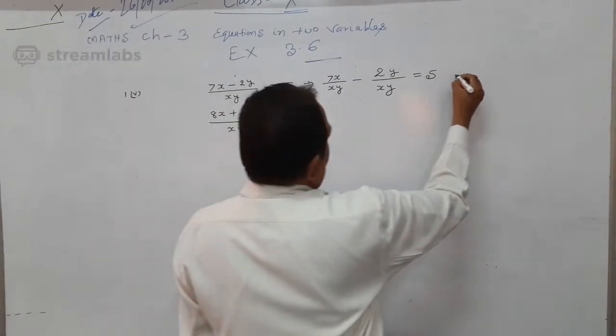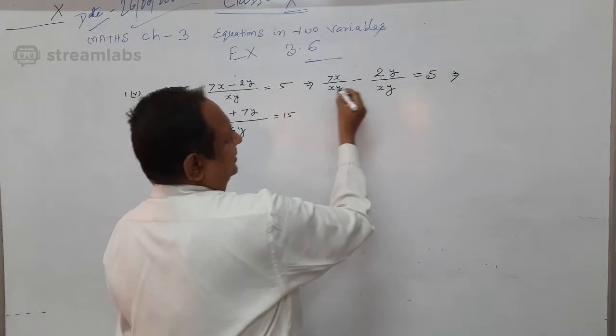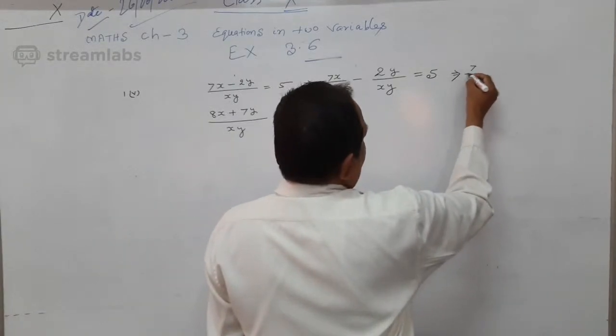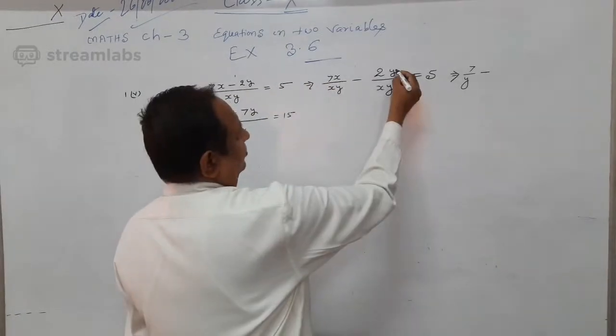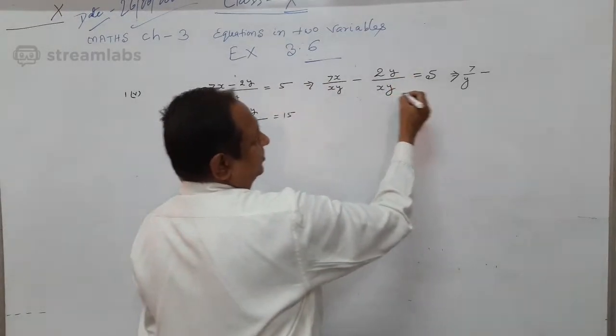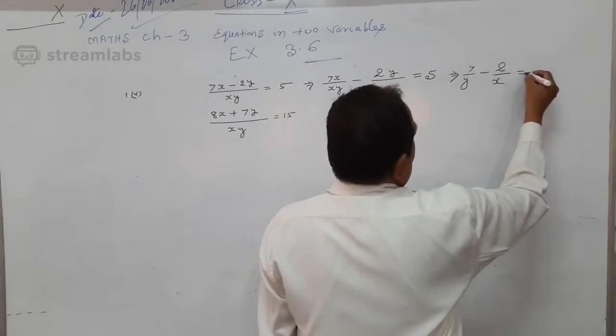This implies that x cancels, it is 7 upon y, minus, y cancels, 2 upon x, is equal to 5.